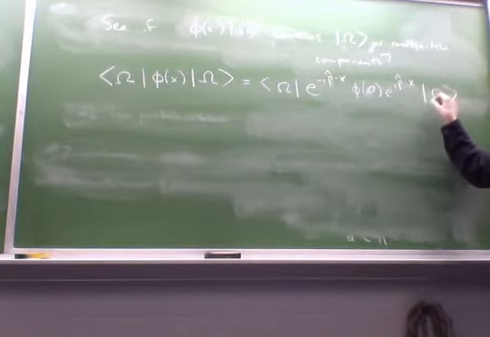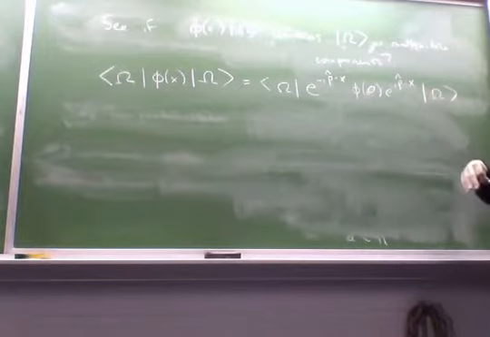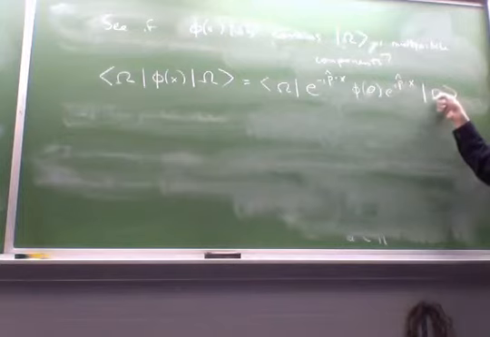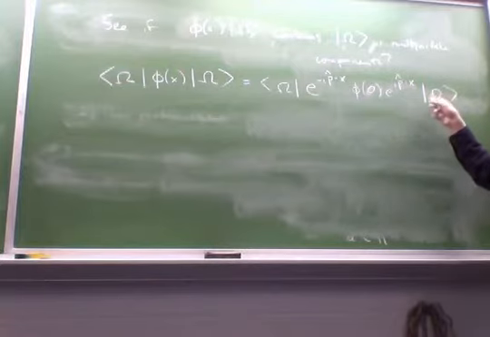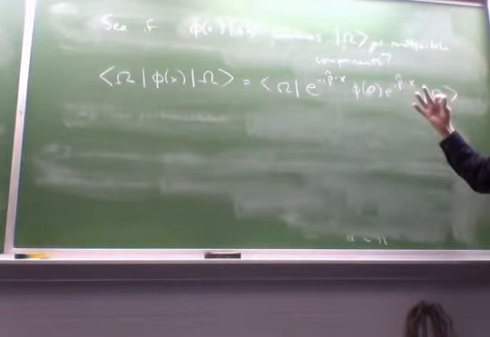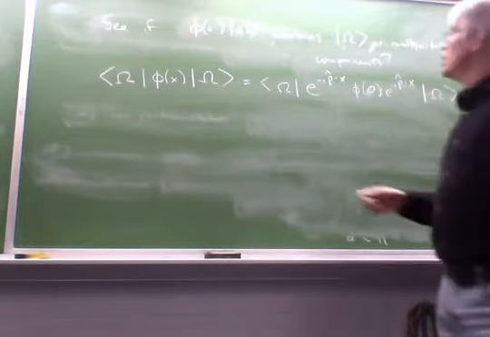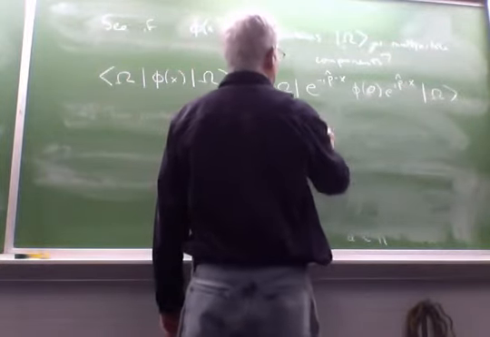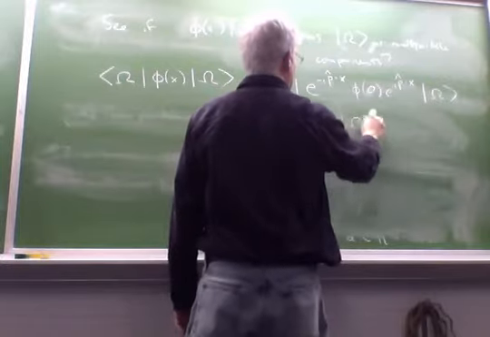0. Wouldn't be the vacuum otherwise. And so e to the i p dot x acting on the vacuum just gives back e to the 0 times the vacuum, just gives back the vacuum. The vacuum is translationally invariant. So that means that we get omega phi of 0 omega, which is just a number.